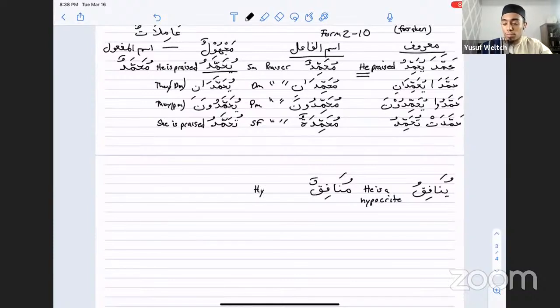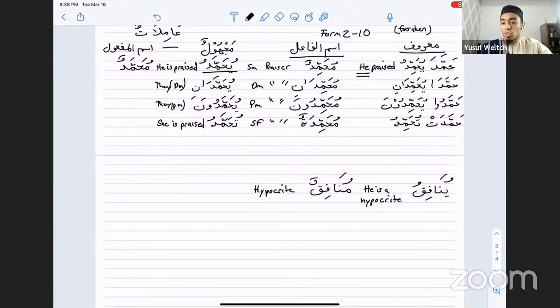And it's made from form 3, the active present tense, yunafiqu. The ya was changed to a meem, and the last letter was given a tanween. So you can add some knowledge.